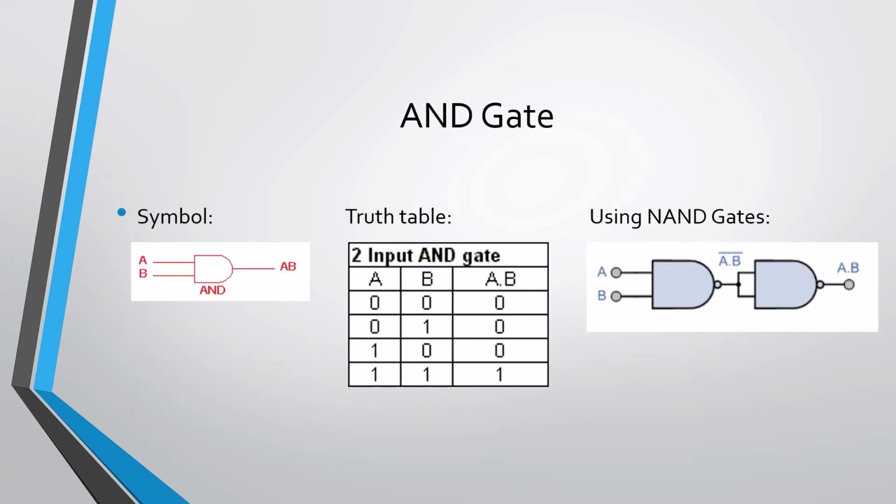AND gate. The AND gate is named so because if 0 is called false and 1 is called true, the gate acts in the same way as the logical AND operator. The following illustration and table show the circuit symbol and logic combinations for an AND gate. And this is its representation using NAND gates only.